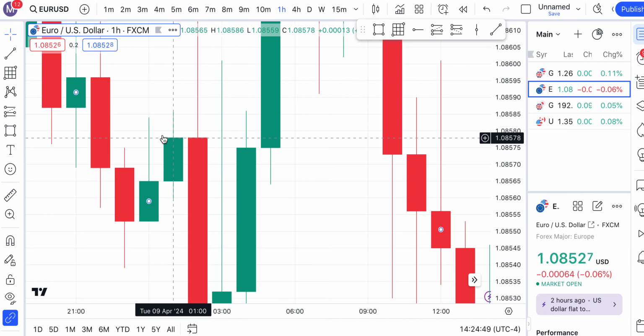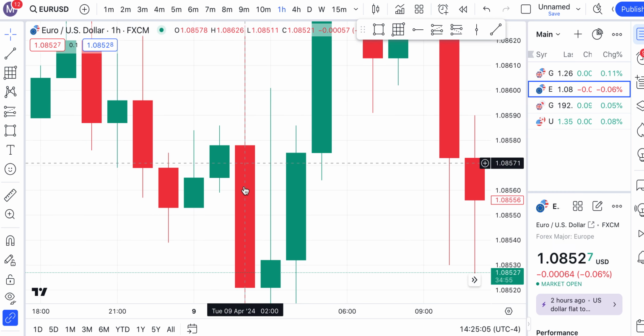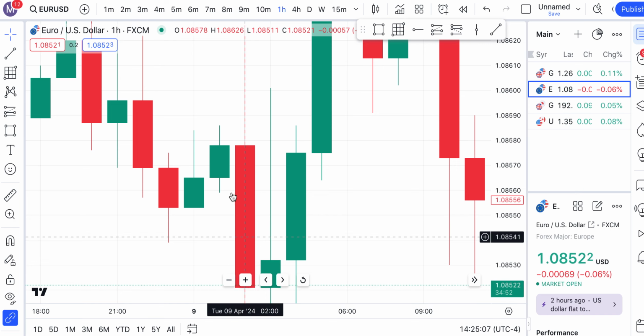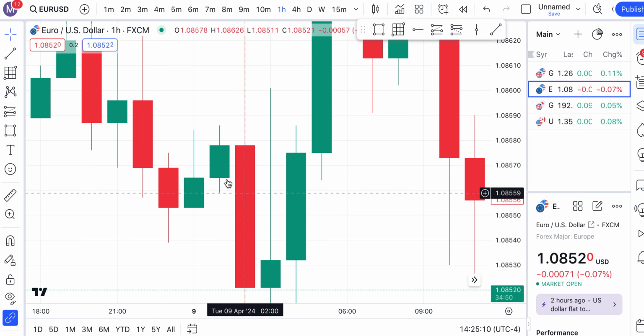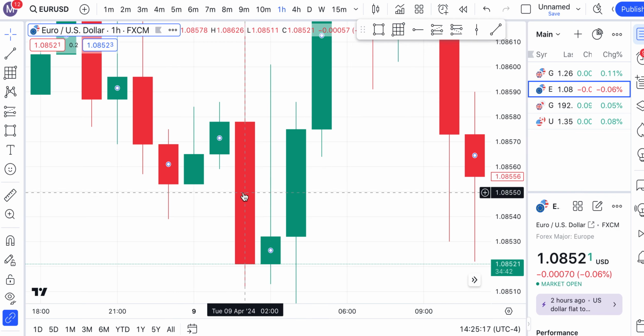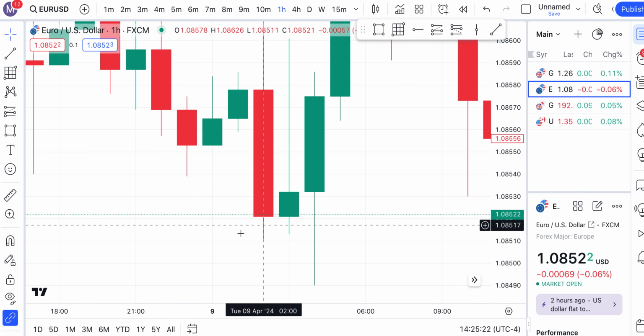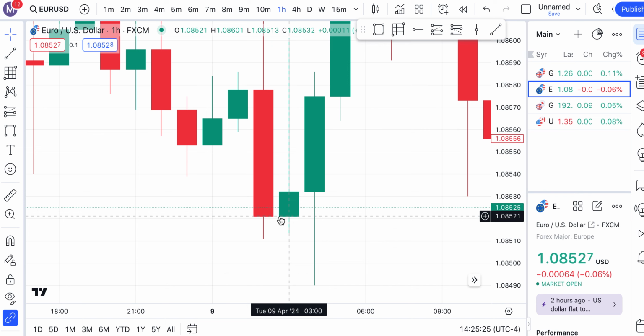Notice where we close, and wherever we close, the following candle will always open at that point. So this bearish candle opened here, and we came down, and because we closed below the closing point of the previous candle, this makes it a bearish candle, a downward candle. And then notice where we closed here, so the next candle will always open there.